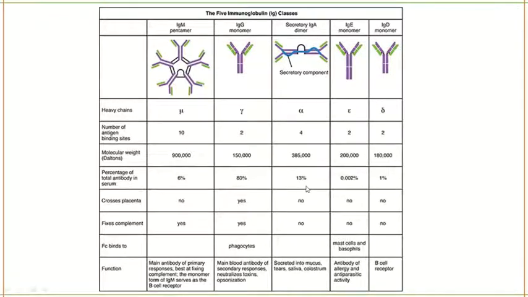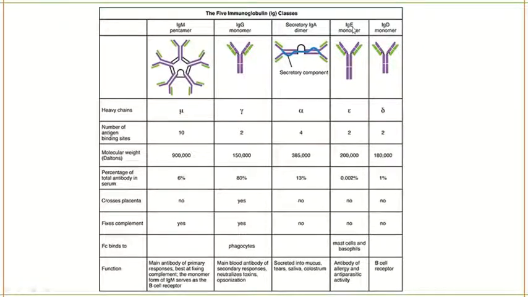Okay, it is 385 kilodalton, and 13 percent it is present in our body. It cannot cross the placenta. No complement fixation. So complement can be fixed by only IgM and IgG. Okay, and it is present in secretions, secreted into mucus, tears, saliva, colostrum, like that.